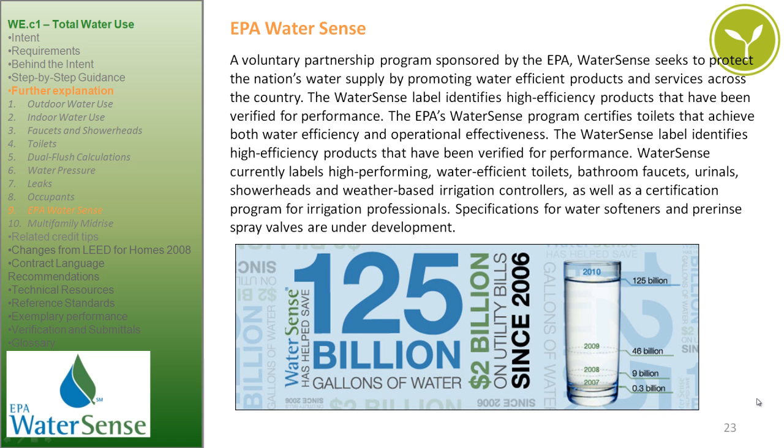WaterSense currently labels high-performing, water-efficient toilets, bathroom faucets, urinals, shower heads, and weather-based irrigation controllers, as well as a certification program for irrigation professionals. Specifications for water softeners and pre-rinse spray valves are under development.